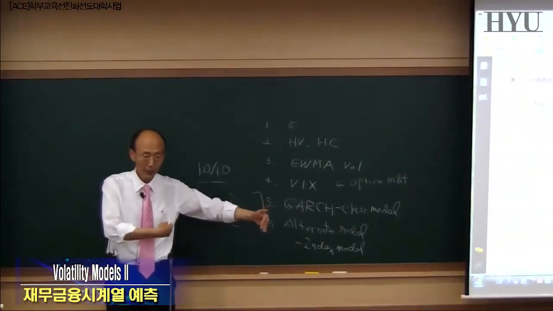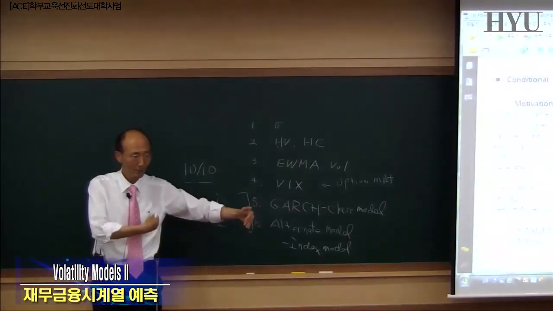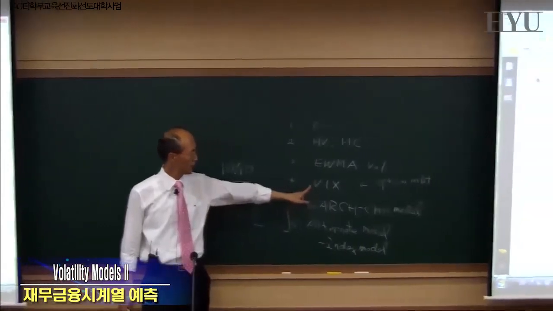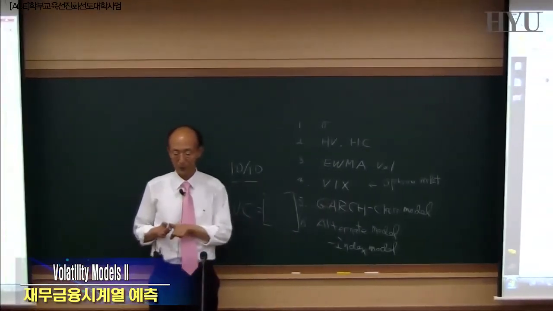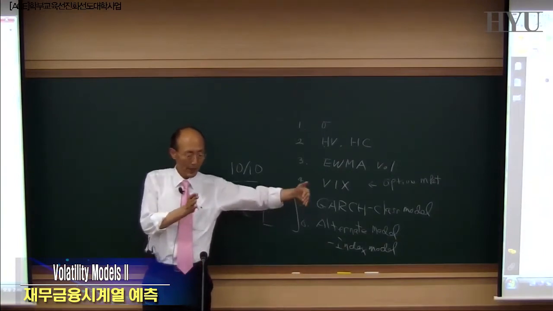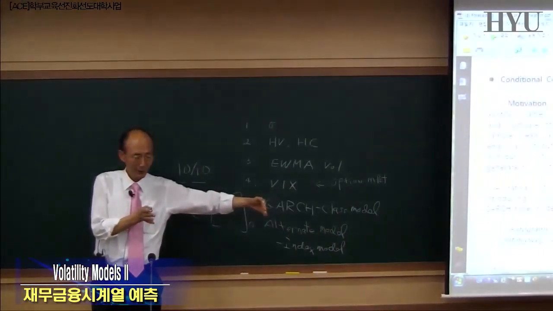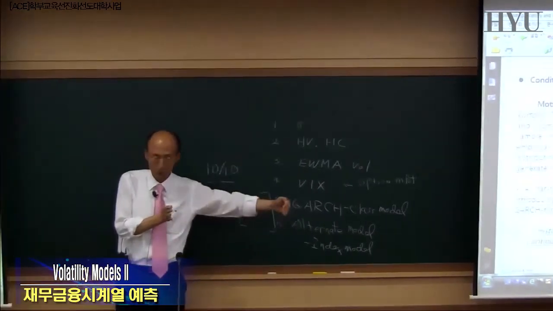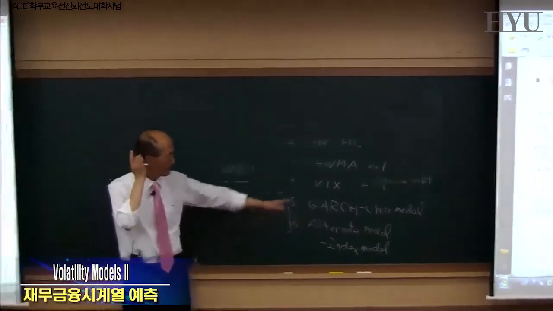So it's forward-looking, right? Forward-looking. So if you're looking at this figure today, that figure has to be compared with actual average volatility for the next month, right? For the next whole month. So this is forward-looking.